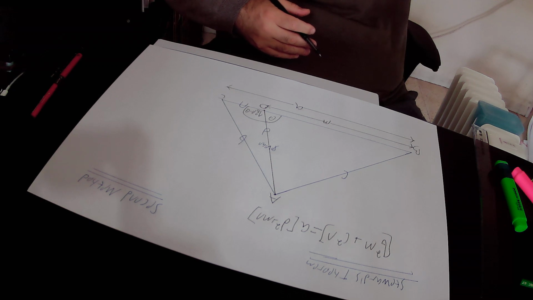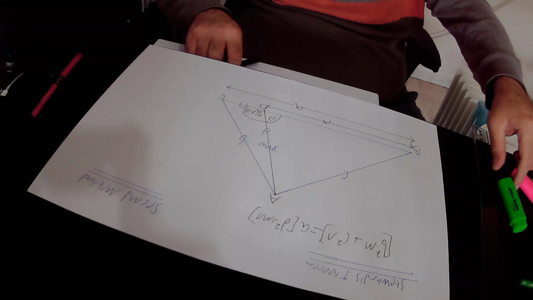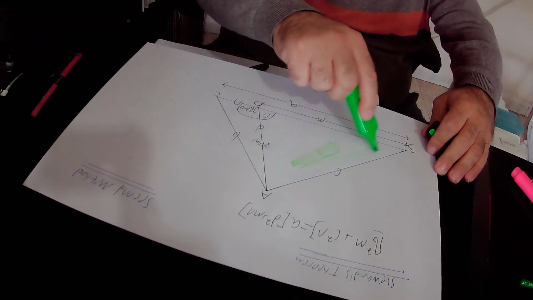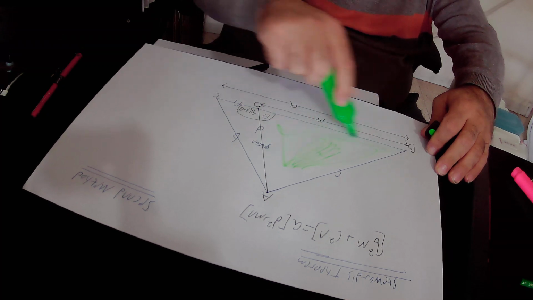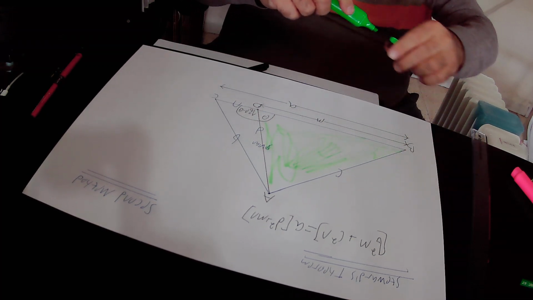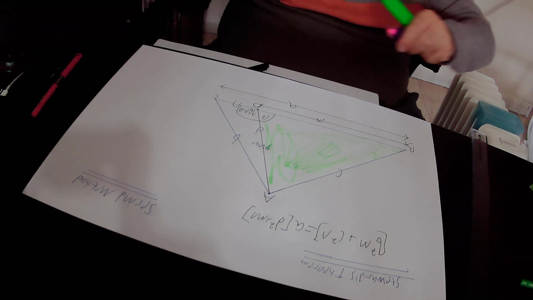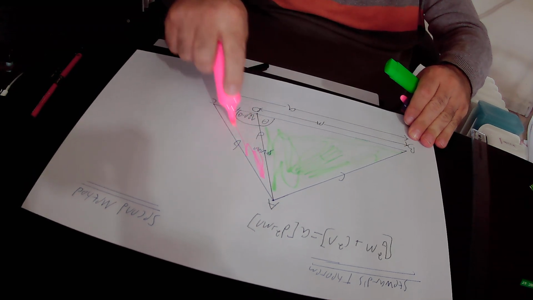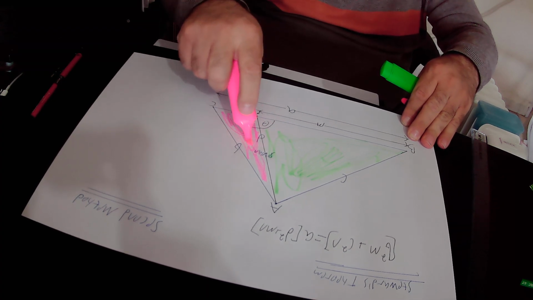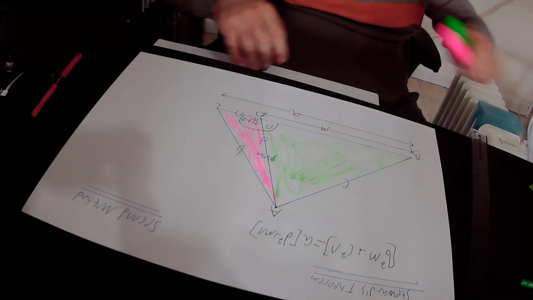Okay, in the first step, we'll implement the law of cosines on the green triangle ABD, and then we'll implement the same law in the pink triangle ADC. I remind you quickly what the law of cosines is.